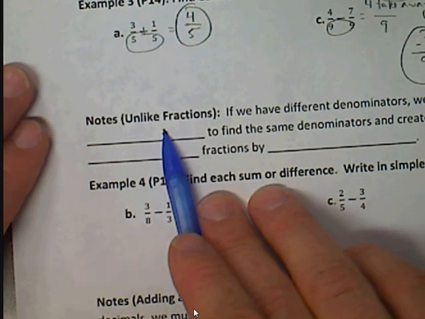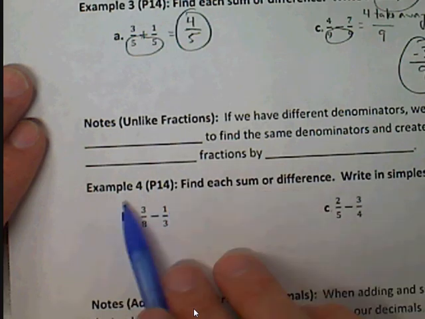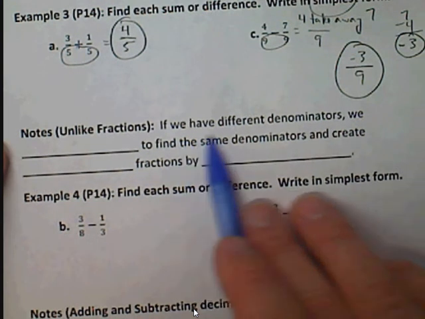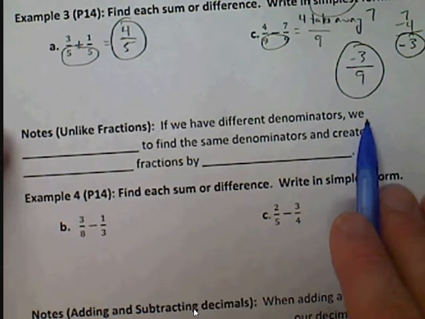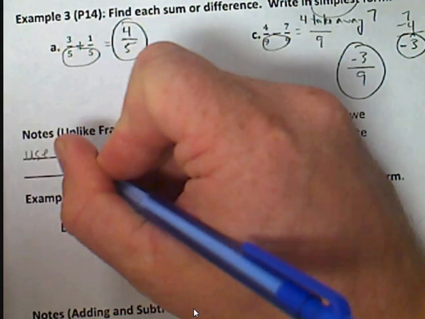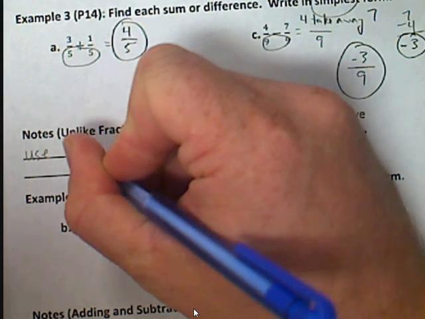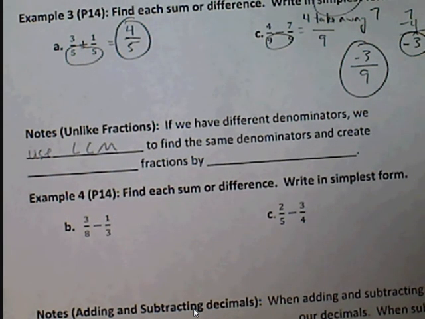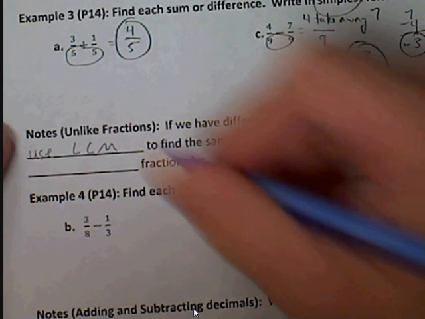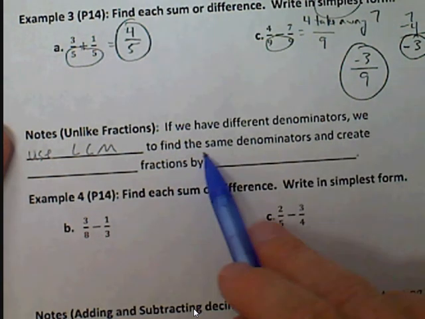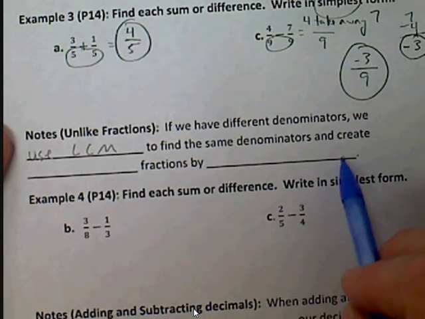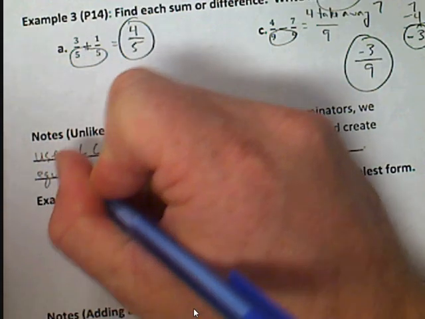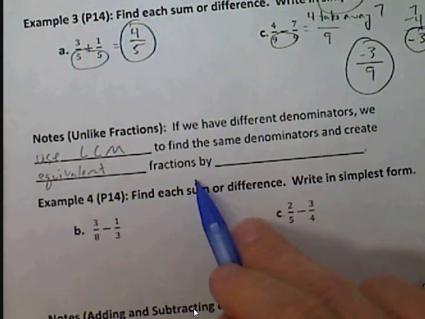Unlike fractions. This is before example 4. If we have different denominators, we use LCM. LCM stands for least common multiple. Least common multiple, to find the same denominators and create equivalent fractions.